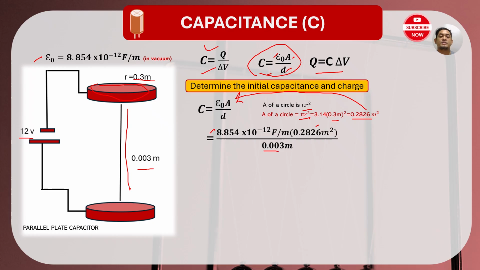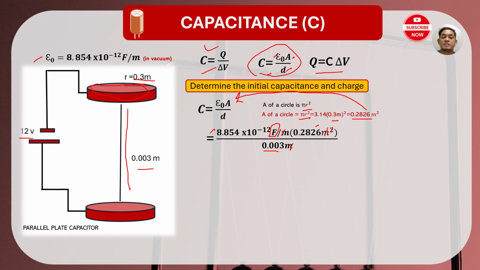That's 0.003 meters. And we can cancel out this unit here, 1 meter, and then another 1 meter from meter squared, and we can still cancel meter, and then this remaining meter here, and then we have the farad as our remaining unit.